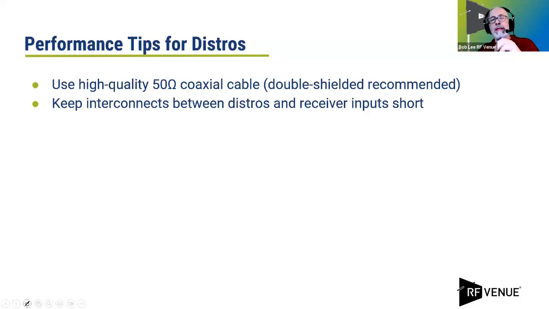That is not a good way to do it. Just get short jumpers, buy them or make them, a foot, 2 feet, whatever it takes to get from the distro to the receiver inputs. 1 or 2 feet will really take care of almost every situation that you'll need in your receiver rack.